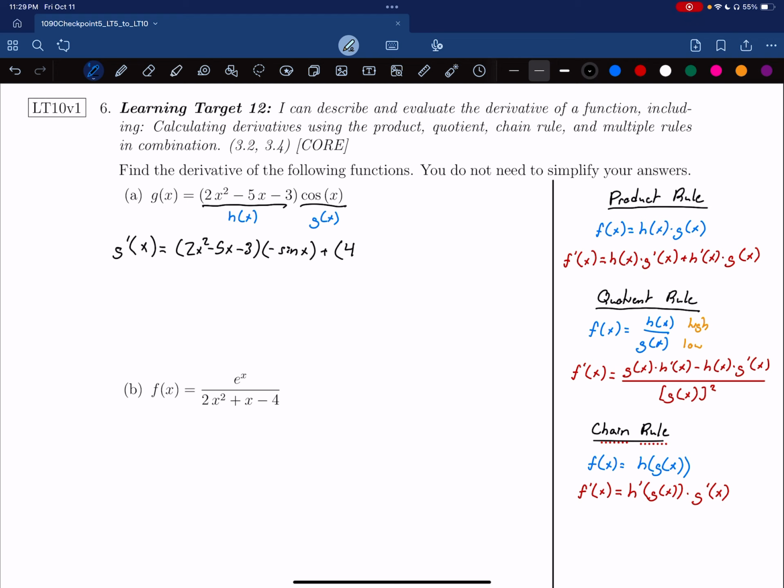So using power rule here, we will have 4x minus 5. And that comes from taking that 2 out in front, subtracting 1.